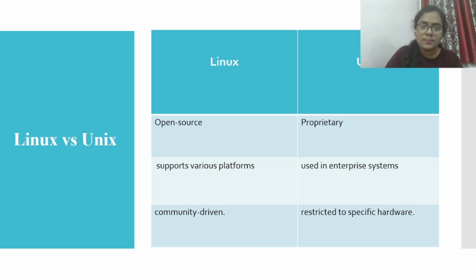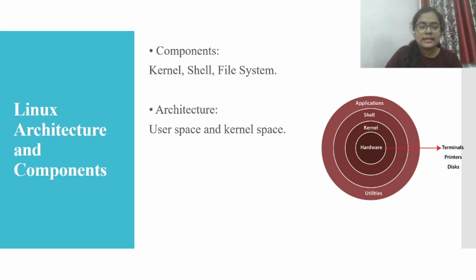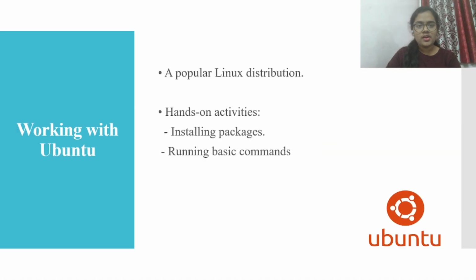Linux is community driven and Unix is restricted to specific hardware. Components of Linux include kernel, shell, and file system, while architecture includes user space and kernel space. Further, working with Ubuntu, a popular Linux distribution, we can install packages and run basic commands.